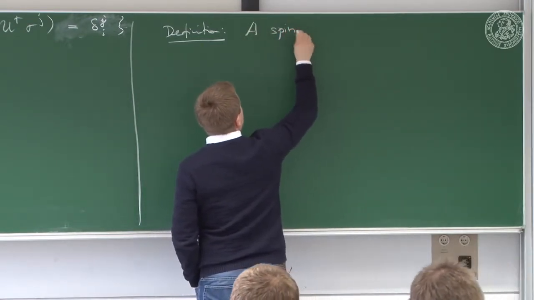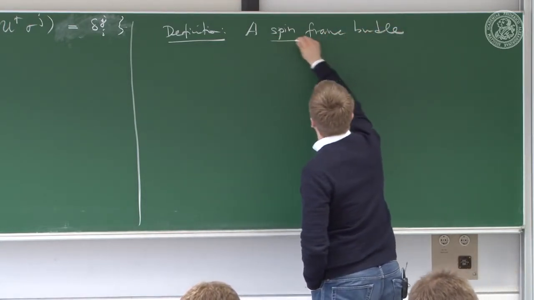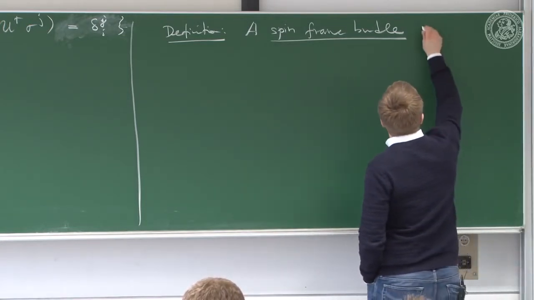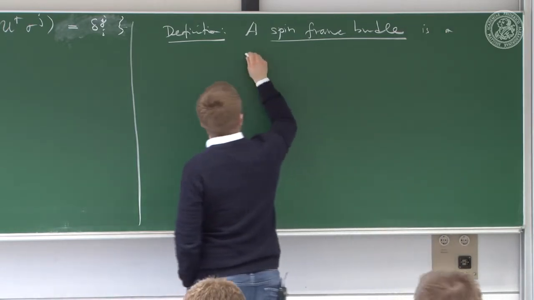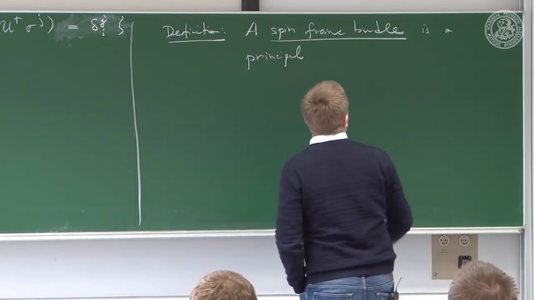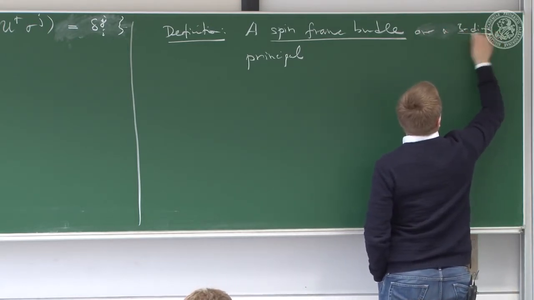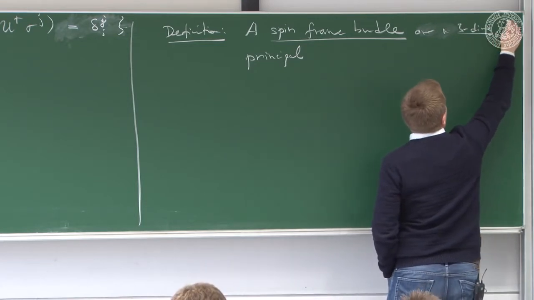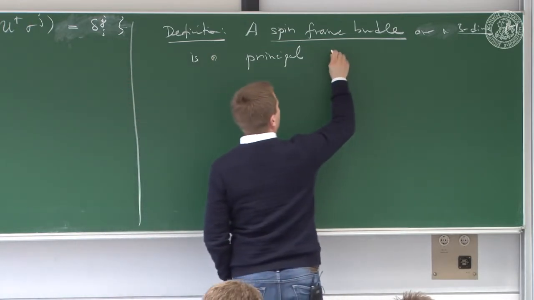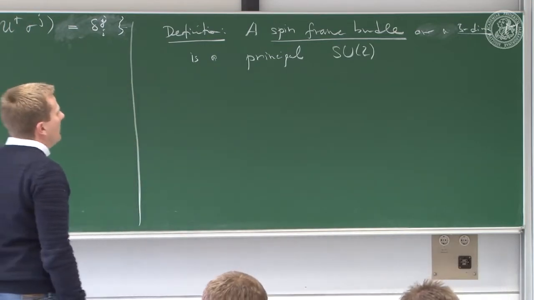A spin frame bundle over a three-dimensional manifold M is a principal SU2. Well, let's not be silly.